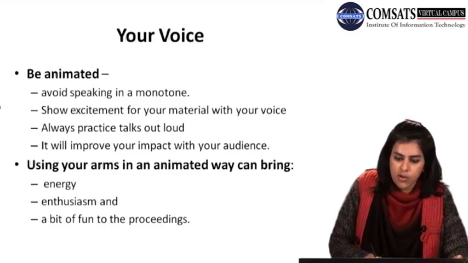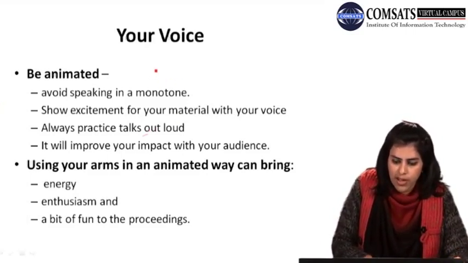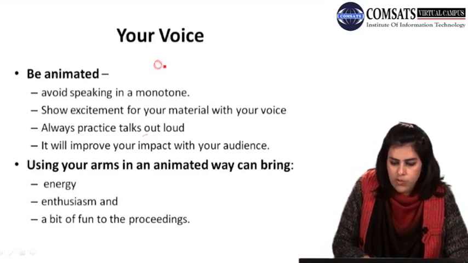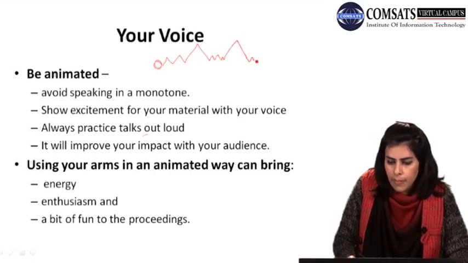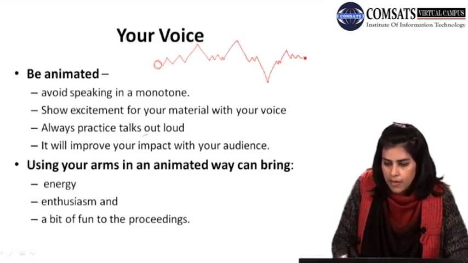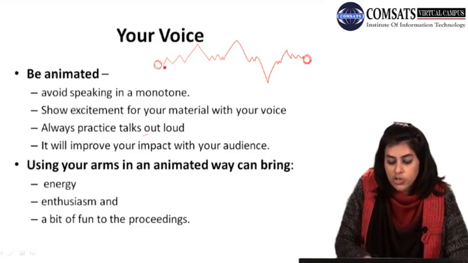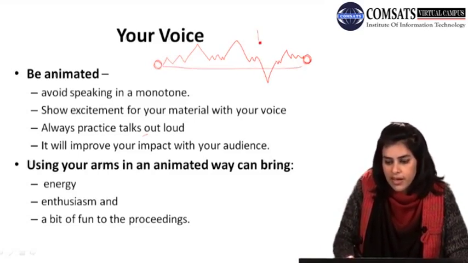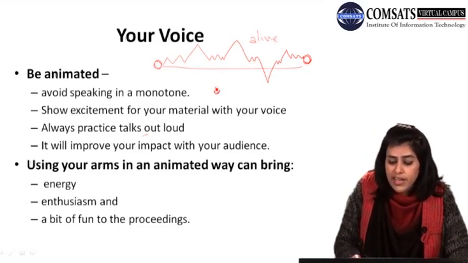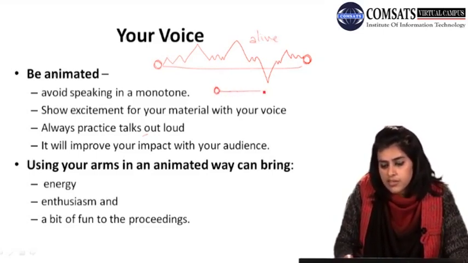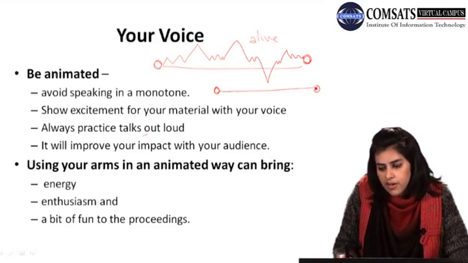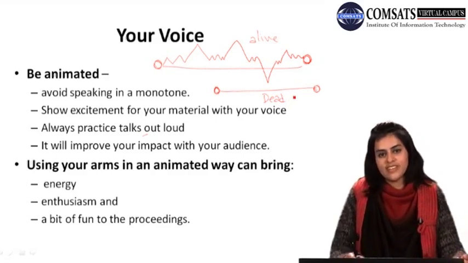Your voice should move like this, if this is the initial corner, so that it looks lively, right? This should look alive. But on the other hand, if your voice is going like this and it ends here, it looks dead. What does that mean?